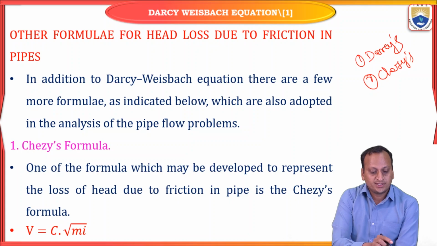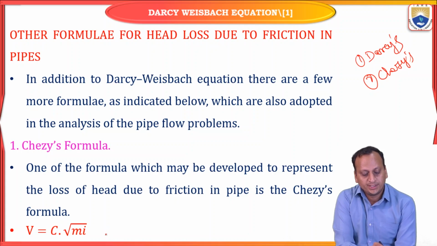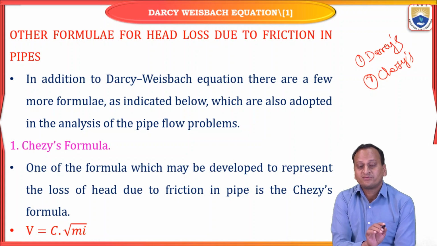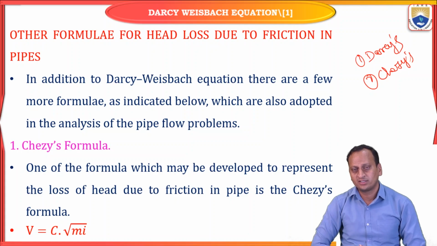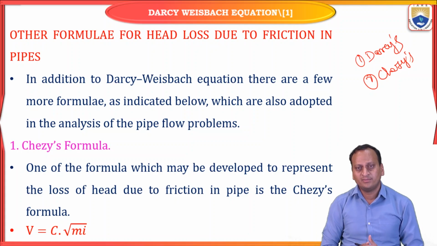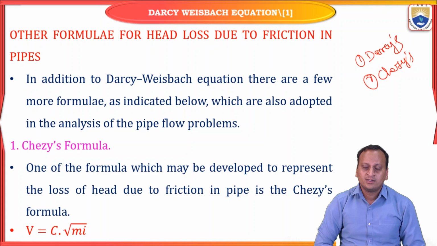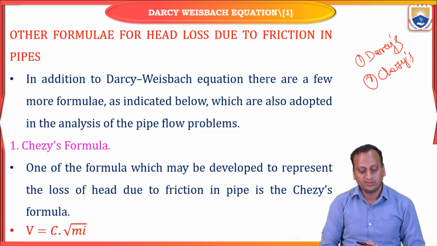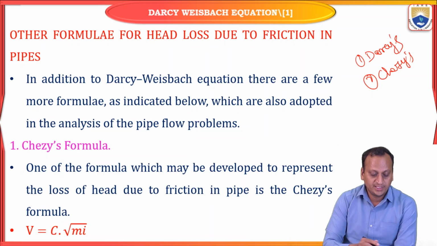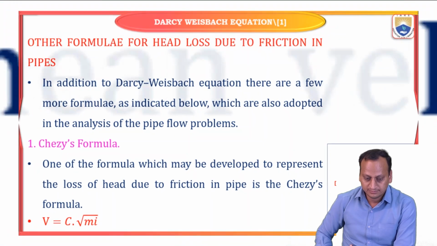So hf equals 4FLV square by 2gD is the Darcy-Weisbach equation by which we can measure the major energy loss. Also, another two equations are there: one is Chezy's formula and another one is Manning's equation. In Chezy's equation, V equals C into root mi.